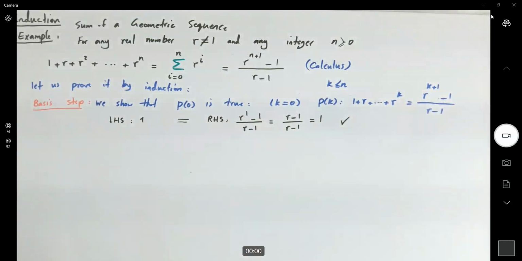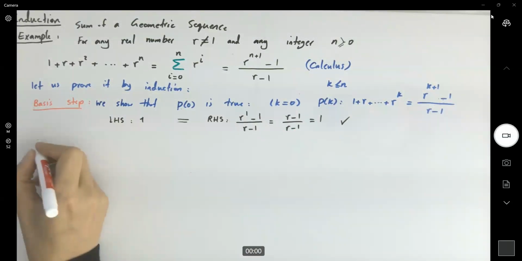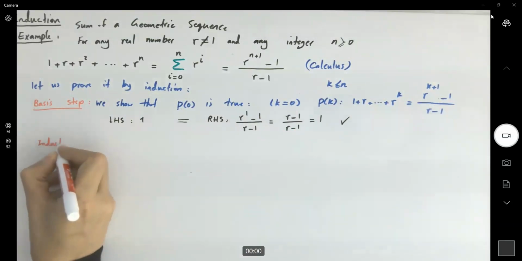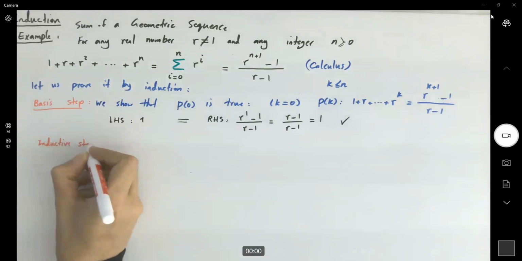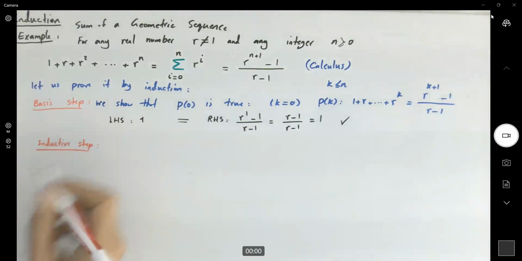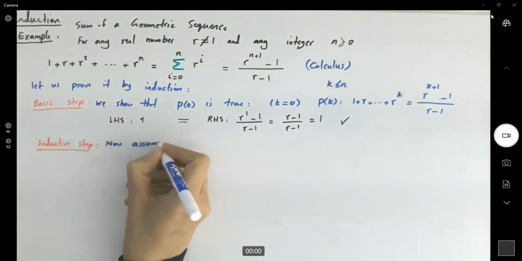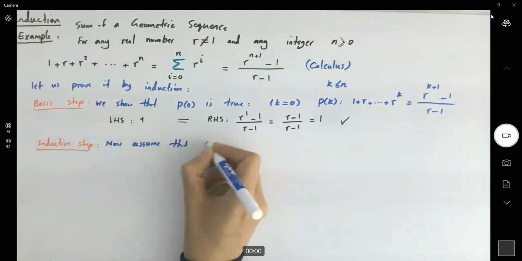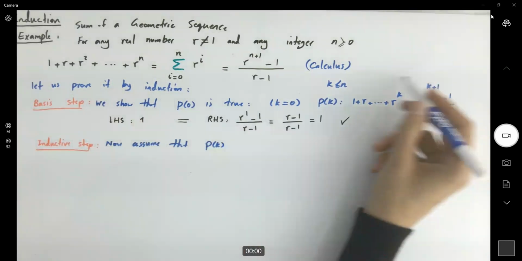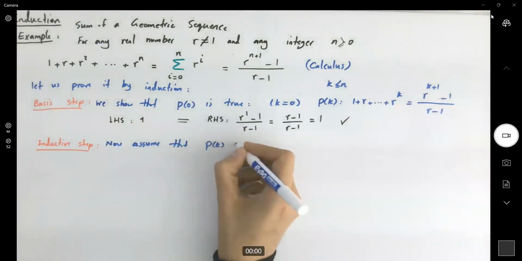The next step is called the inductive step. In the inductive step, we assume that Pk, this formula, is true.